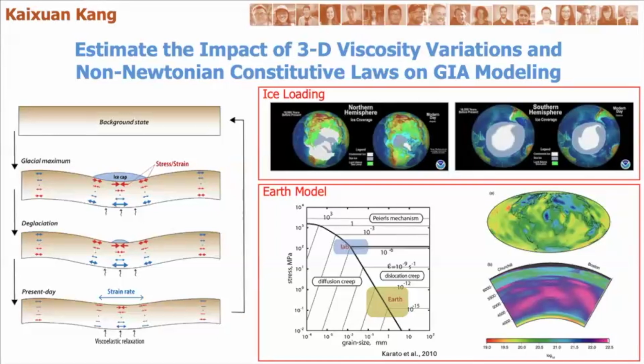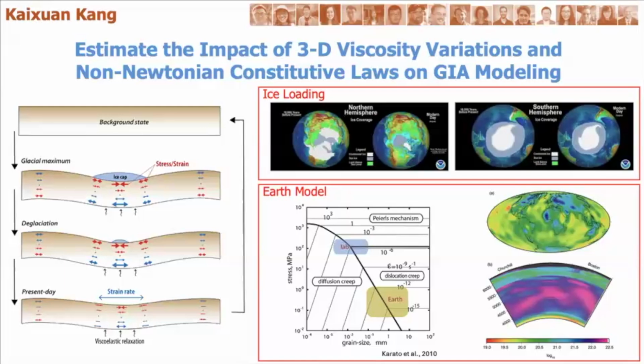And during intermediate time scales, like the late Pleistocene and Holocene, the mantle can be treated as a viscoelastic solid. This means the mantle has a delayed response to any surface forcing from ice change.